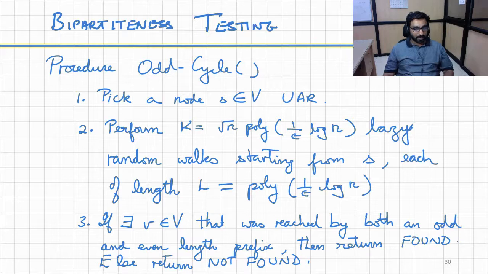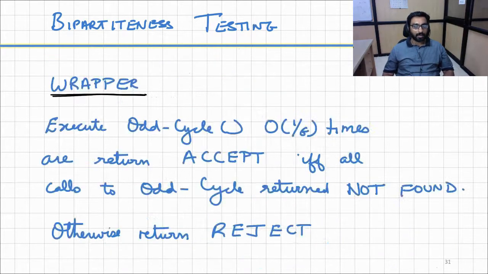If we did not find such a vertex v, then we'll have to show subsequently that it's likely that this graph does not have an odd cycle, and therefore we will just return for now that there is no odd cycle. And now what we do is we just embed the odd cycle subroutine within a wrapper.